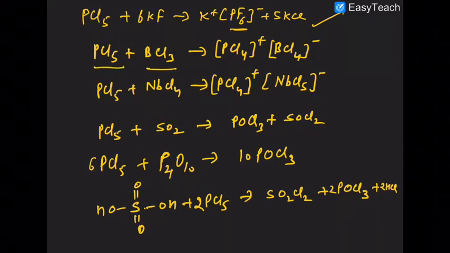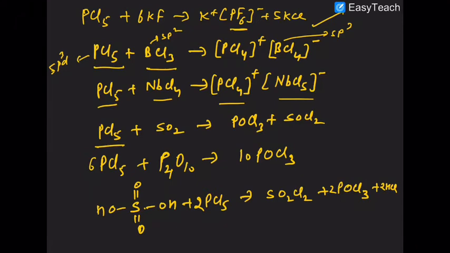PCl5 when reacted with BCl3 becomes PCl4 plus BCl4 minus. So here it is sp2, here it is sp3. PCl5 is sp3d, but here phosphorus is sp3. Similarly, PCl5 with NbCl4 will give you PCl4 plus and NbCl5 minus.